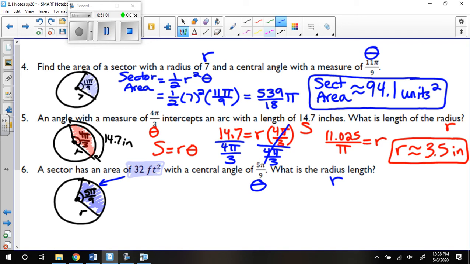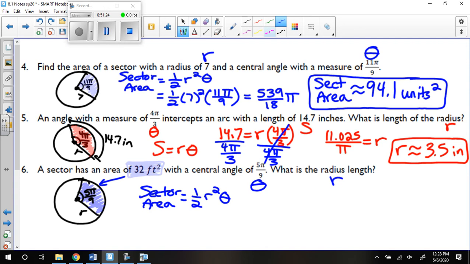And they give you the area. So we need our area formula that has theta and r in it, which if you look at number 4, that was our area formula that has theta and r in it. Okay, so sector area equals 1/2 r squared theta.